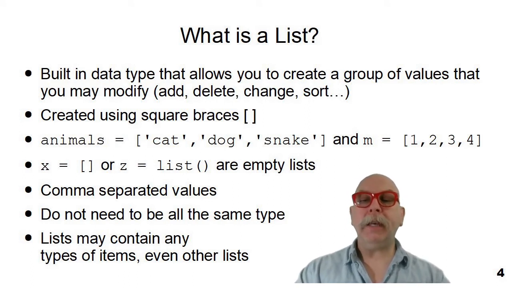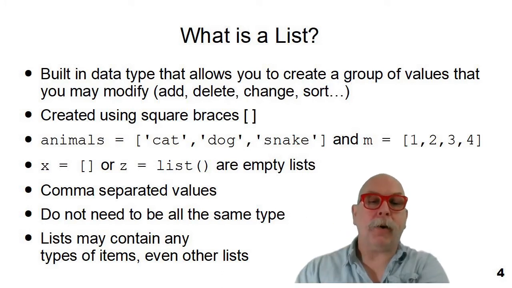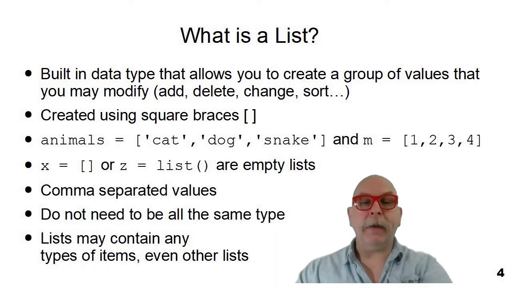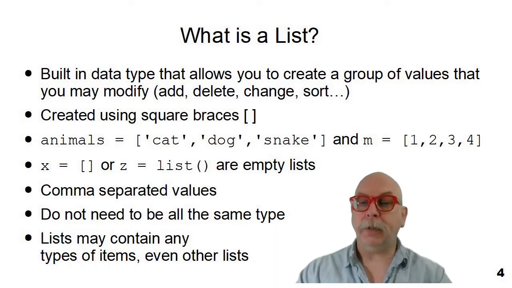If you ever needed to create an empty list, a list with 0 items in it, you can use just a set of empty square braces, as you see when I create the empty list X, or you can use the list function that's built into Python to create an empty list.